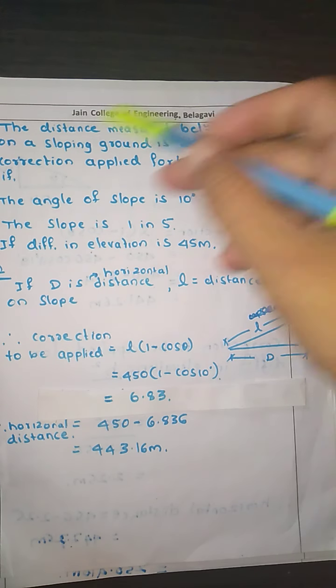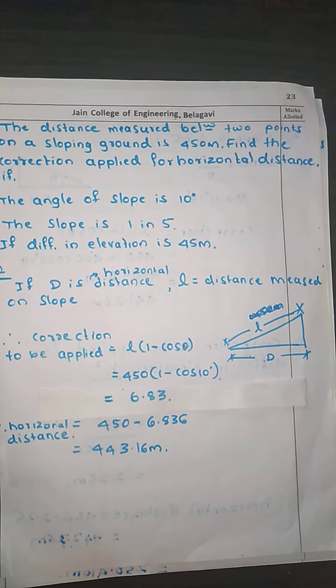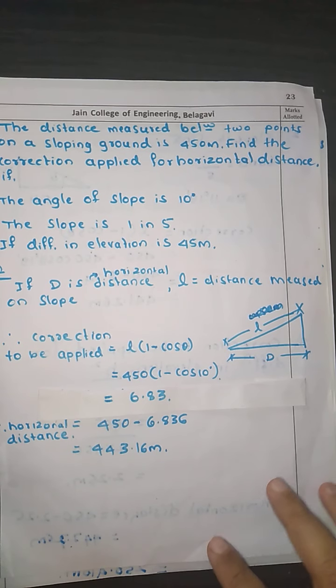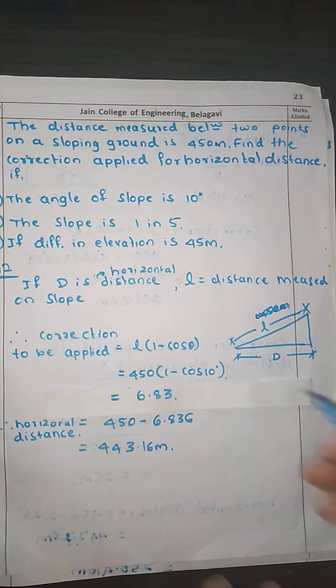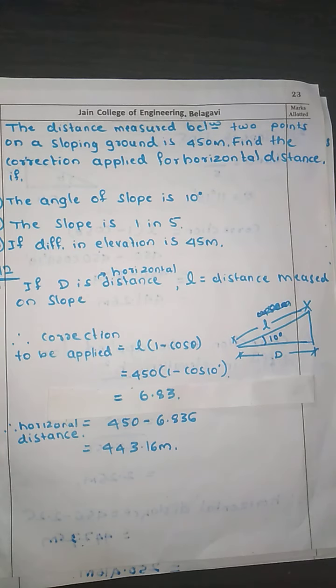Find the correction applied for horizontal distance, if the angle of slope is 10 degrees. Then the slope is given as 1 in 5, that is, instead of giving the degree directly, they have given 1 vertical and 5 horizontal, and the difference in elevation is 45 meters.